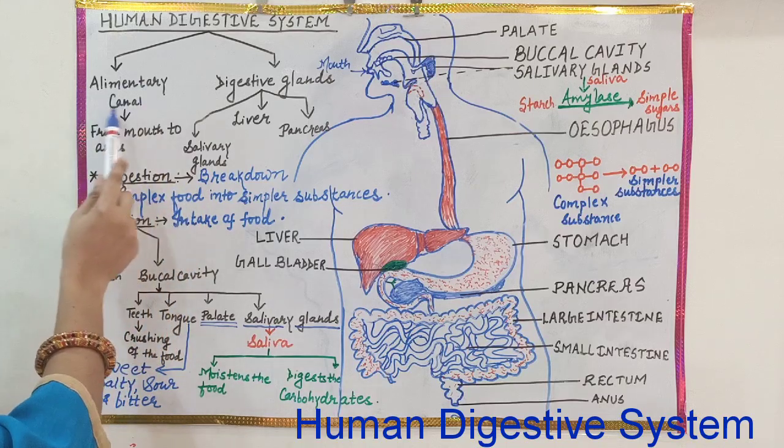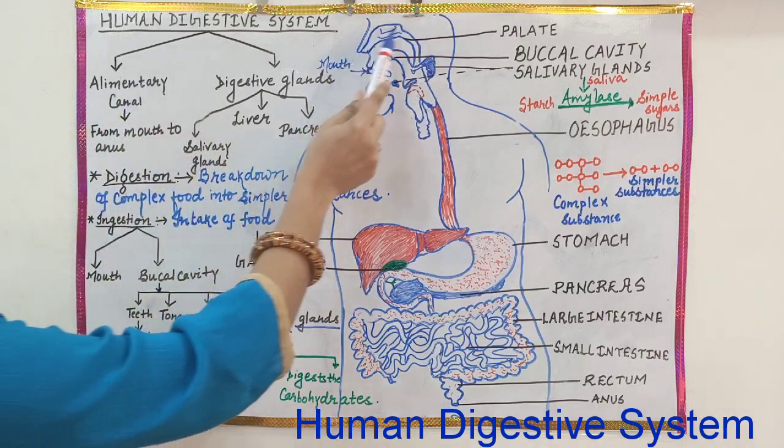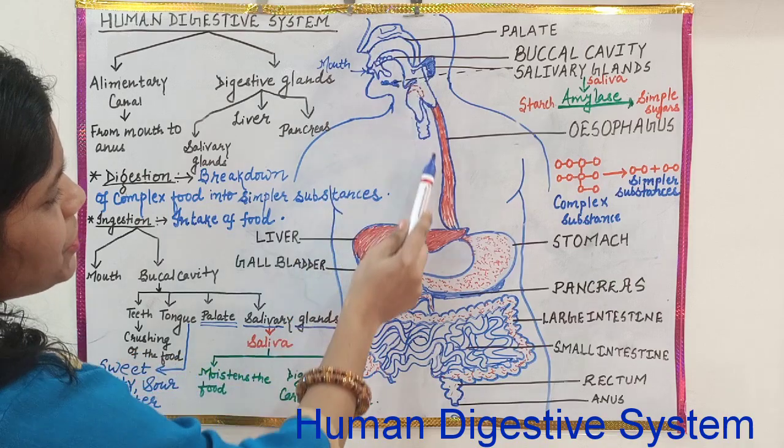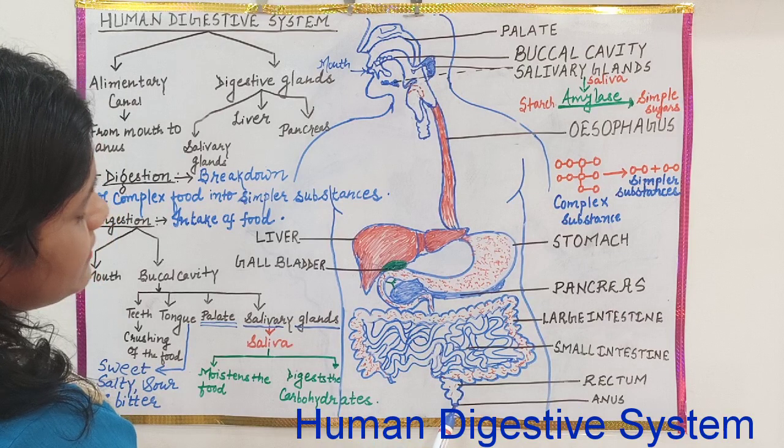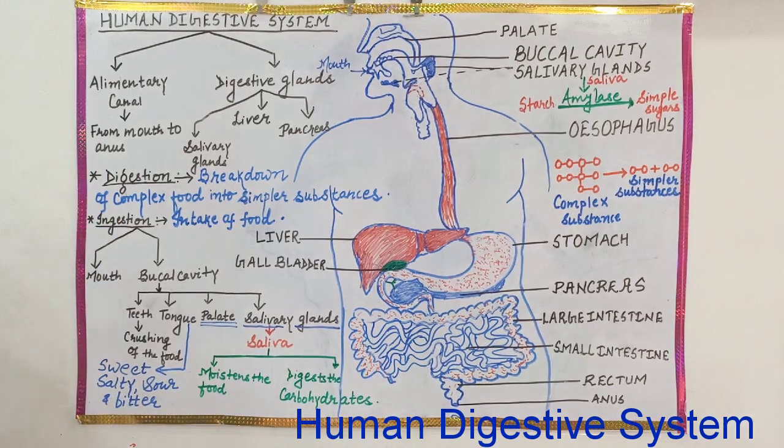What is the alimentary canal? The alimentary canal is nothing but a tube-like structure which starts from the mouth and ends at the anus, and it involves different organs.